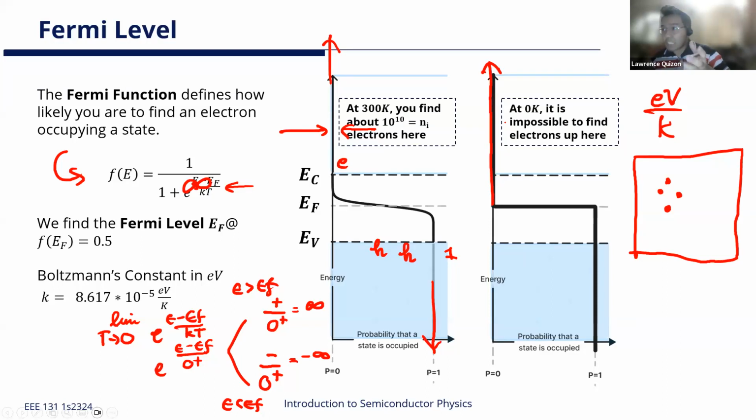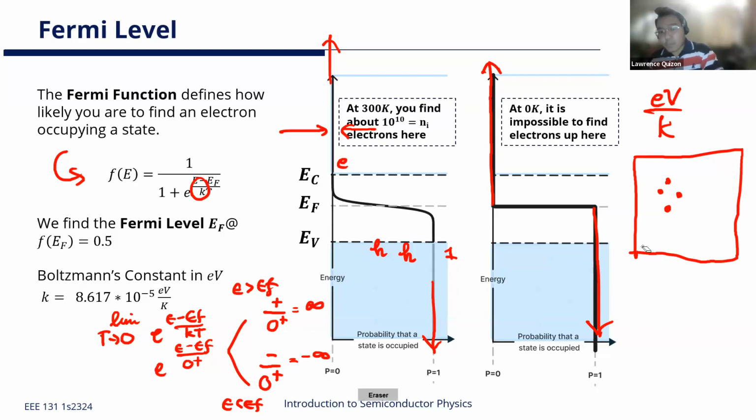So at E above EF, this is 0, right? At E below EF, it's e to the minus infinity, and e to the minus infinity is what? 0. So 1 over 1 plus 0 is 1. So at below EF, the Fermi probability is flat 1.